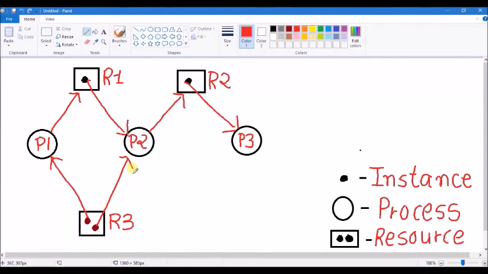Now to detect whether this system is in deadlock or not, we simply need to find out whether there is any cycle in this graphical method or not. Here there is no cycle, which means this system is not in deadlock.